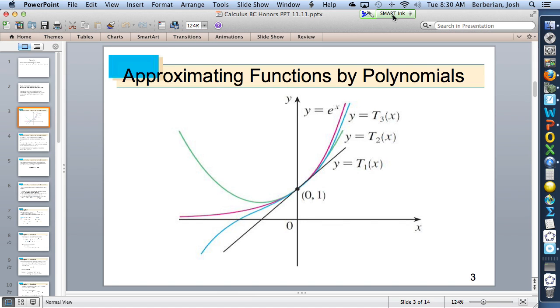Yeah, we did that back in September or October. T2 shares not only the slope, but also the concavity. So notice it's this green one. It has the same concavity. And T3 near 0 shares the concavity, the slope, and the jerk. I mean, if you were thinking about a physical interpretation of the 3rd derivative.